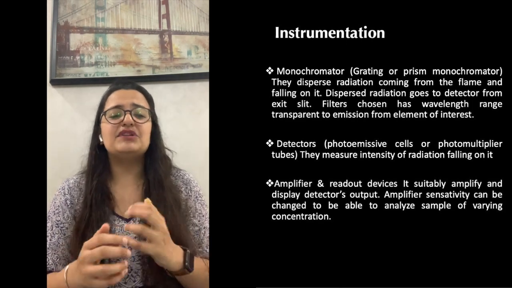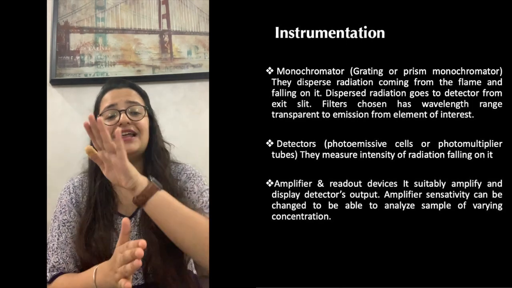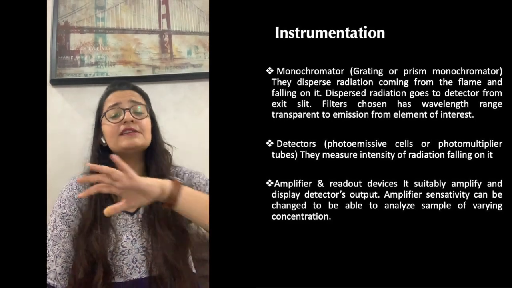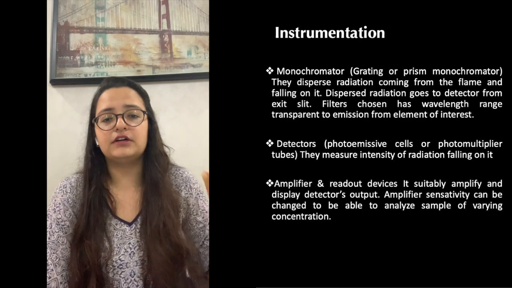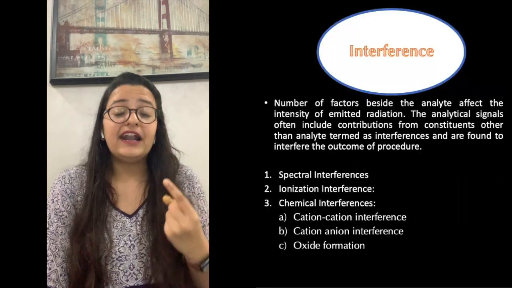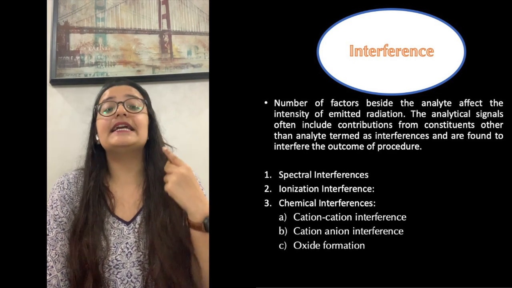Amplifier sensitivity can be changed to analyze samples of varying concentrations. So this is about the various parts of the flame photometer. The next major topic is interference.